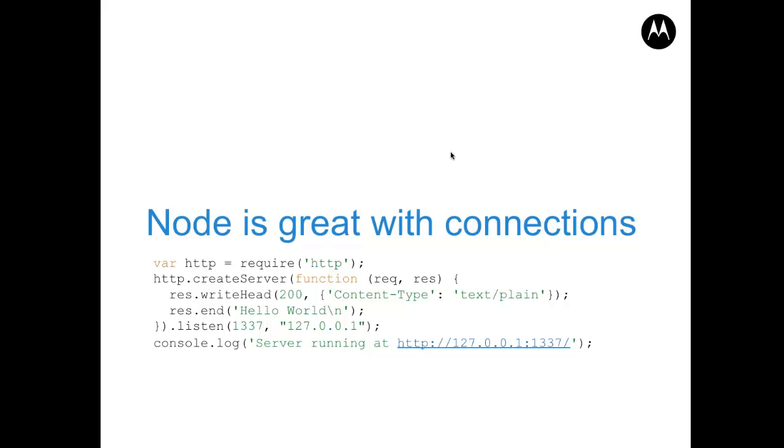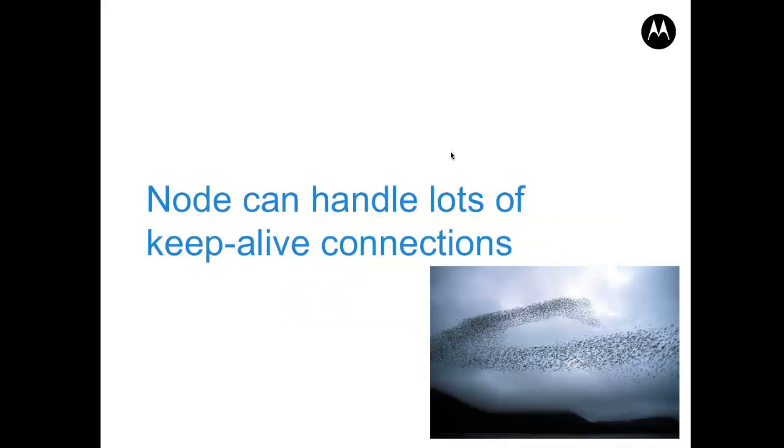Well, simply we chose Node because it's great at handling lots and lots of connections. Node's connection handling design lets us manage thousands or tens of thousands or even hundreds of thousands of open connections on a single server without much overhead, something that's just not possible to do in Ruby.